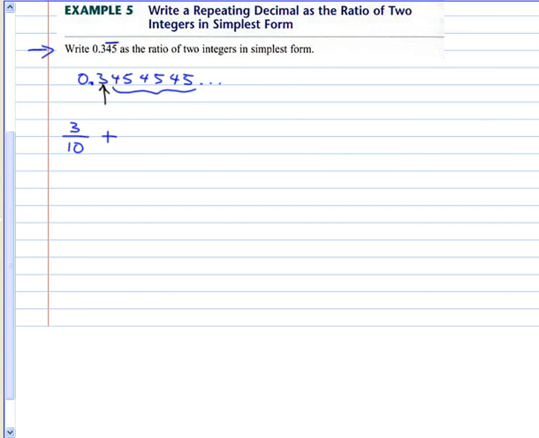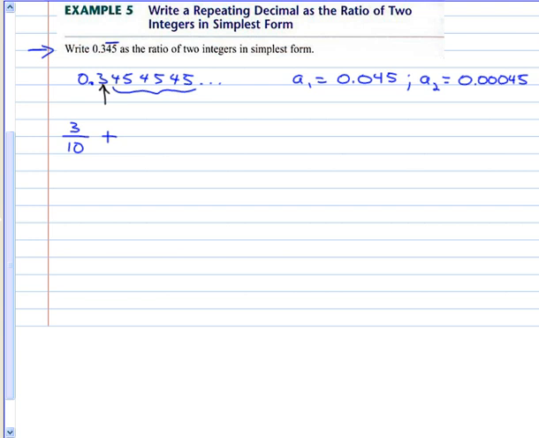And my very first value, my a sub 1 on this, would be 0.045, because I need a 0 where that 3 is, so when I add that 3/10 to it, I get that 3 back. My next term, my a sub 2, would be 0.00045.